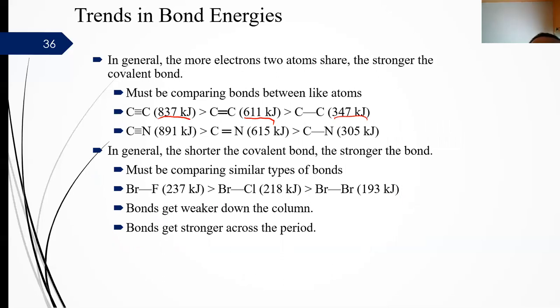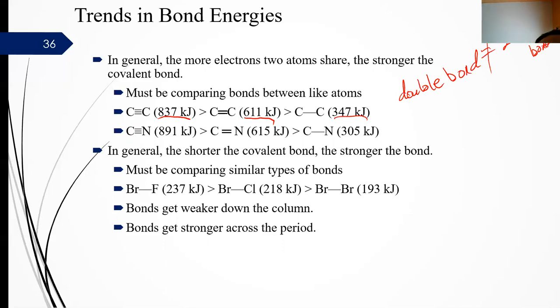Now, a double bond is not exactly twice as strong as a single bond, and so they don't exactly scale up in that way. So the amount of energy to break a double bond is not twice as much as 2 single bonds. That part doesn't hold true.